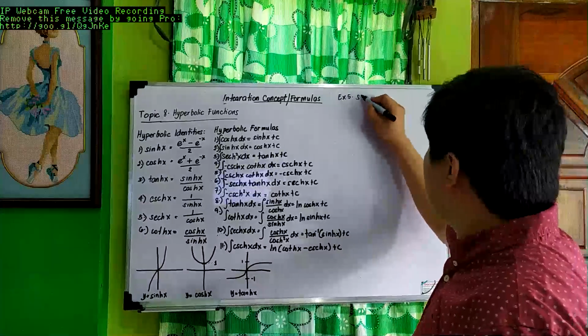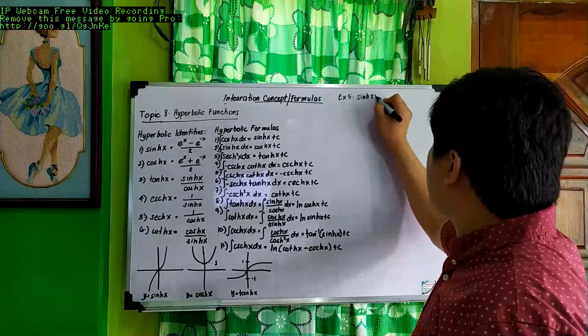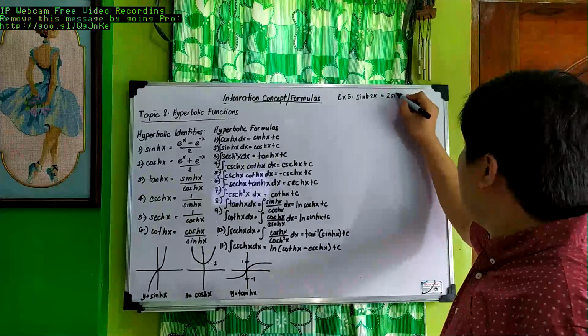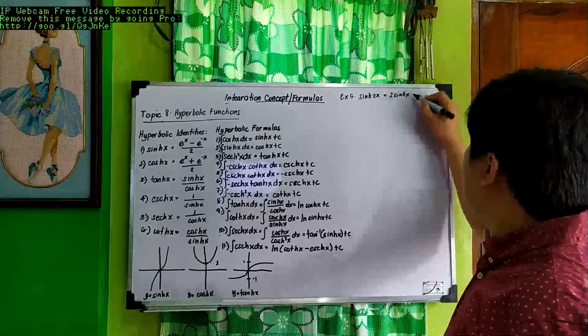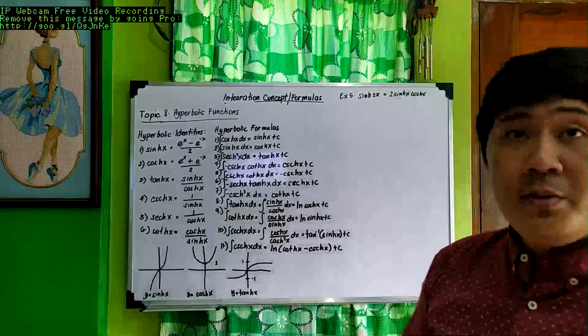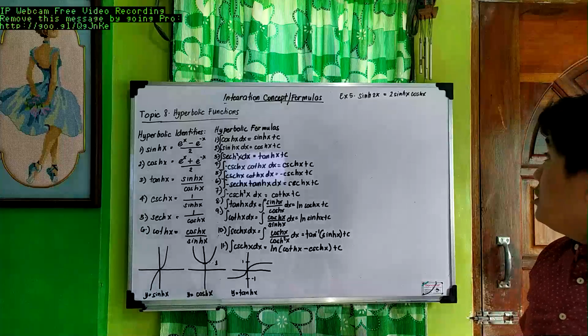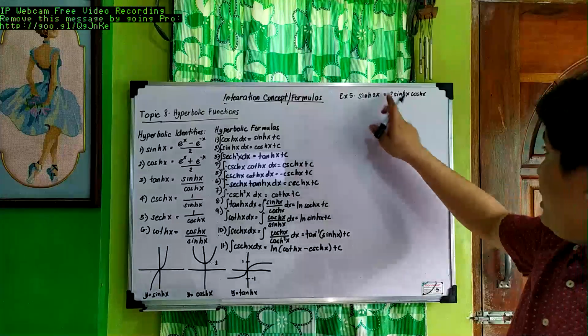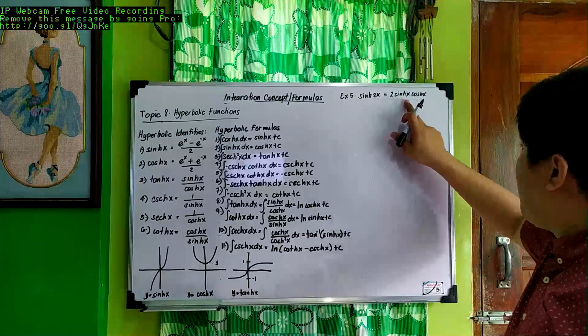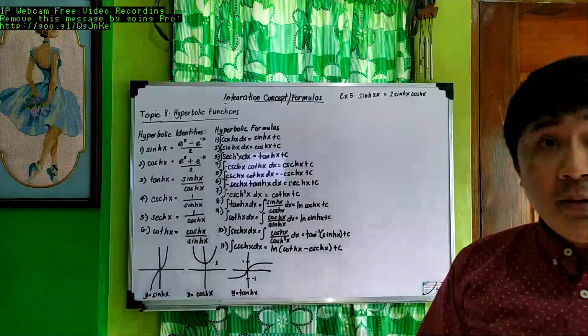So for example, sine hyperbolic 2x is equal to 2 sine hyperbolic x cosine hyperbolic x. So let's prove that sine hyperbolic 2x is equal to 2 sine hyperbolic x cosine hyperbolic x.